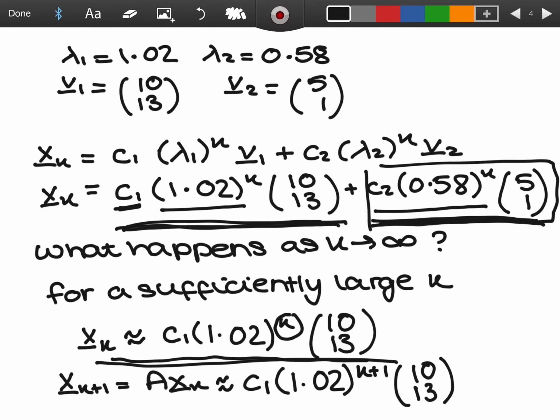We've looked at a 2 by 2 system here, where A is a 2 by 2 matrix. We're going to carry on with 2 by 2 matrices in the next video. We're going to look at what happens when you have 2 eigenvalues with magnitude greater than 1, 2 eigenvalues with magnitude less than 1, and if you've got one that's greater than 1 and one that's less than 1, what happens there?